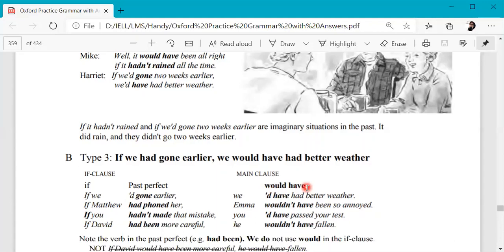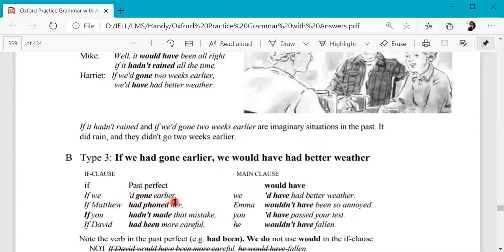We remember in type 2 we used only would. In type 1 we used will. Now in type 3, when we're talking about very unlikely and imaginary situations in the past, we would use would have, because we are using it in relation with past perfect.